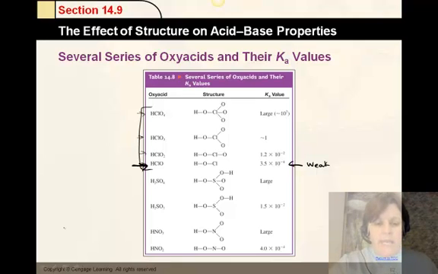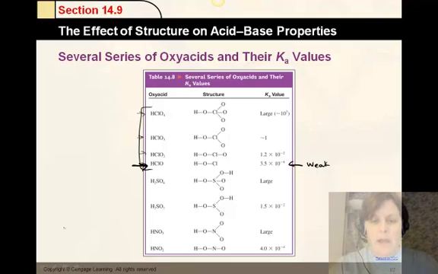So what we're saying is the ability for chlorine to pull these oxygens, or the oxygens to pull the chlorines, is pretty low. And therefore, the hydrogen is well attached to that group.